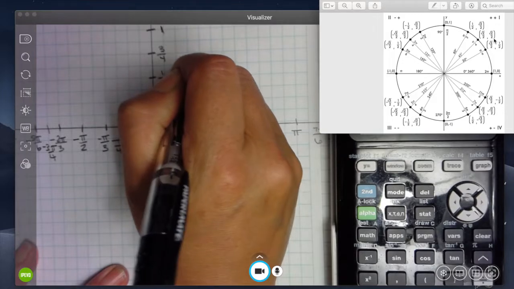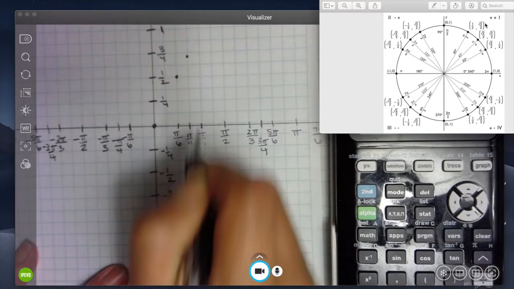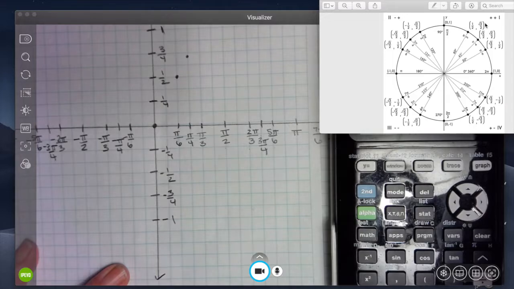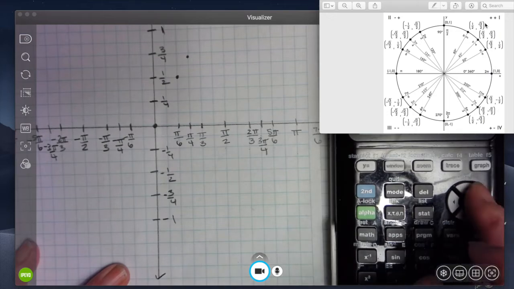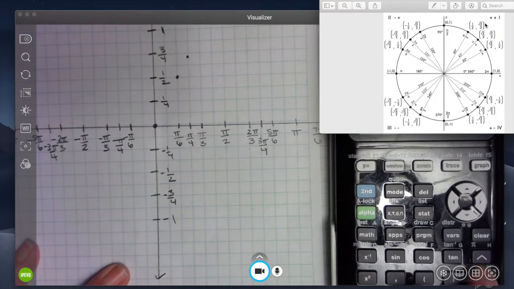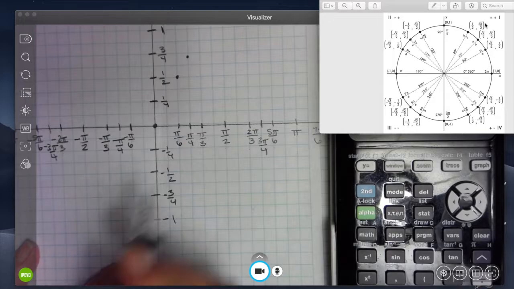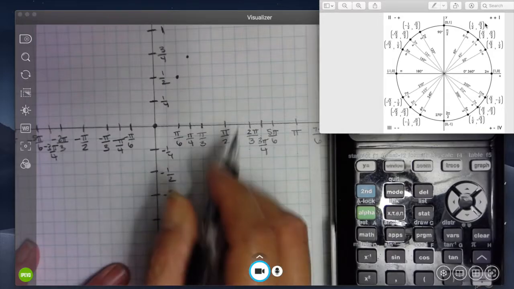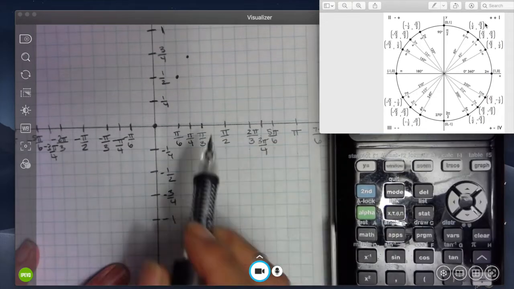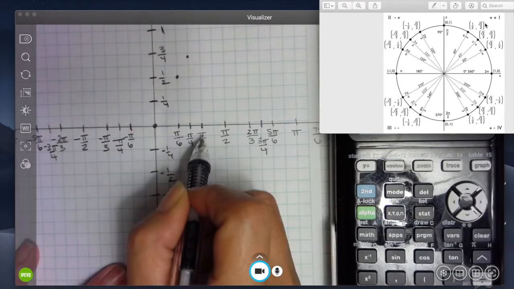Okay, so pi over 3 now is square root of 3 divided by 2. Let's do that on the calculator, and that will come out to be 0.87. So again, getting closer to 1, right? 0.87, probably about right here.